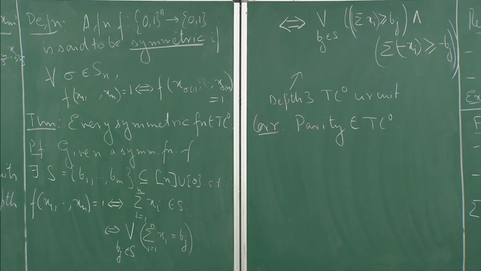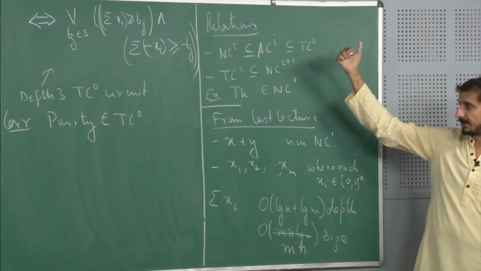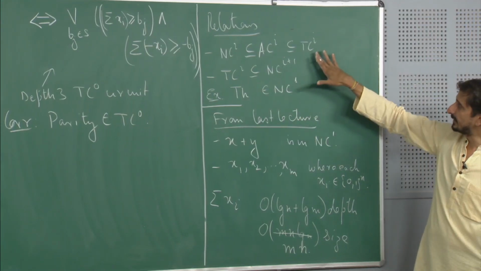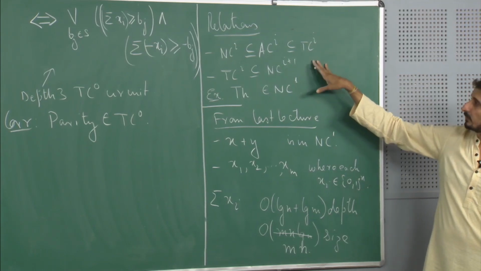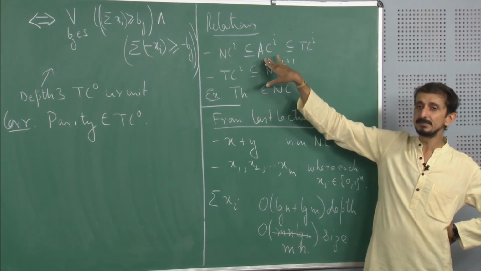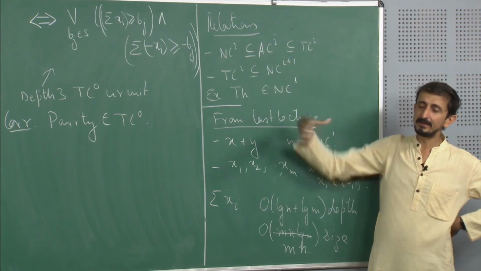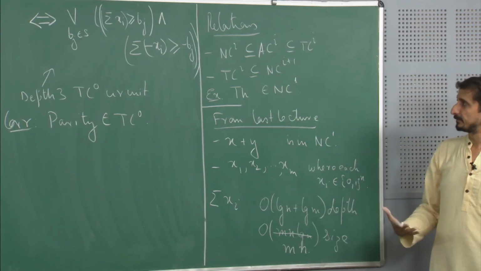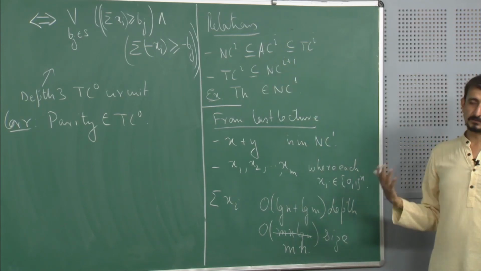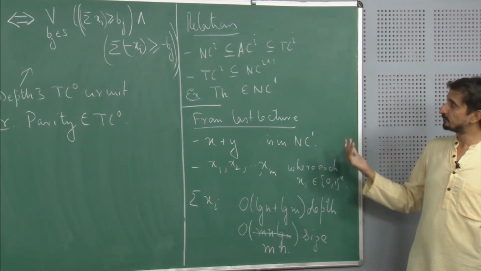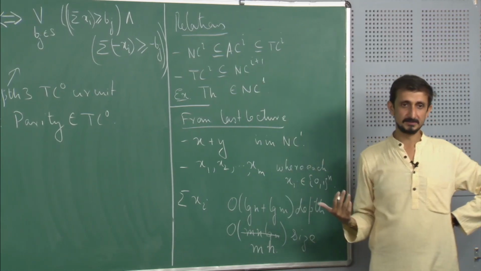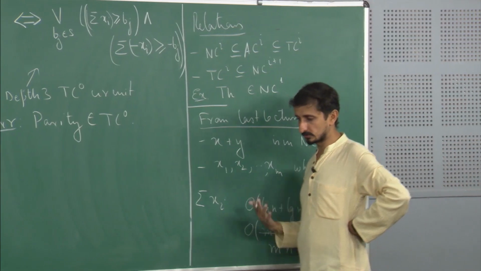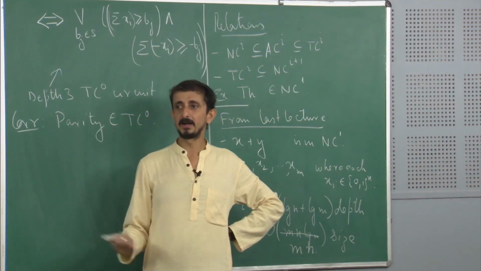Okay. So now let's come back to this relation over here. For example, we have the parity function. We have shown that parity is in TC0. So the natural question is to ask, is it in AC0 as well? There is a sequence of very famous results which prove that parity is actually not in AC0, and we will come back to those proofs in the second half of this course.